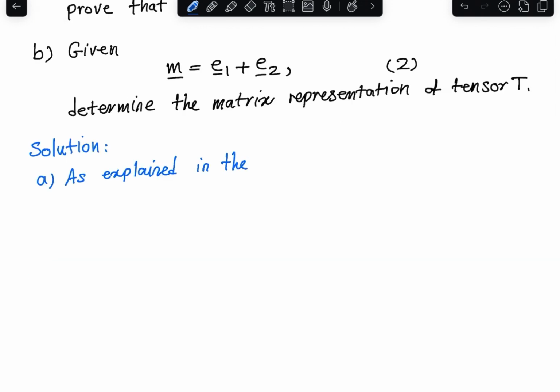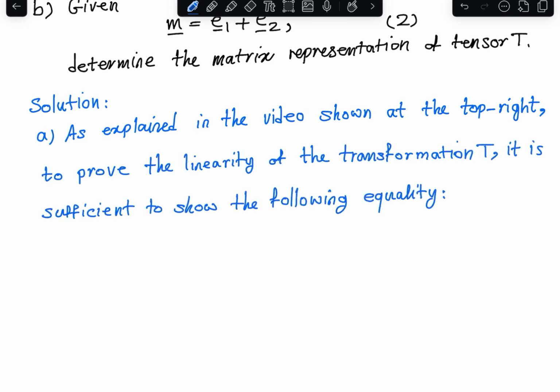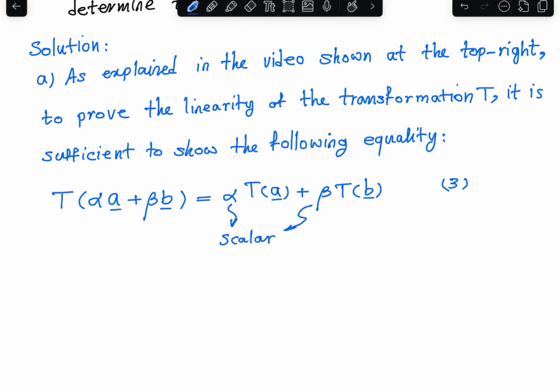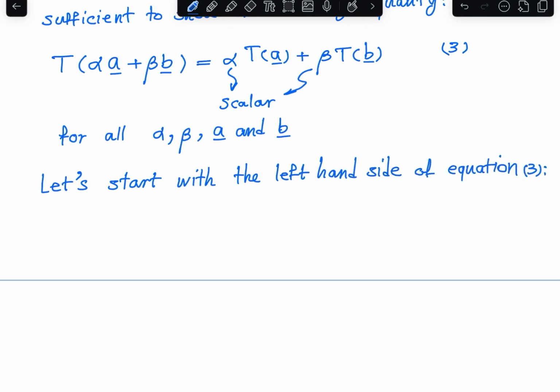As explained in the video shown at the top right, to prove the linearity of the transformation T, it is sufficient to show the following equality. Let's start with the left-hand side of equation 3.